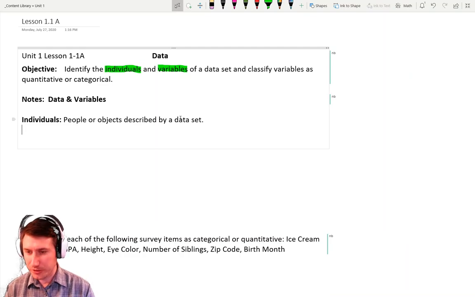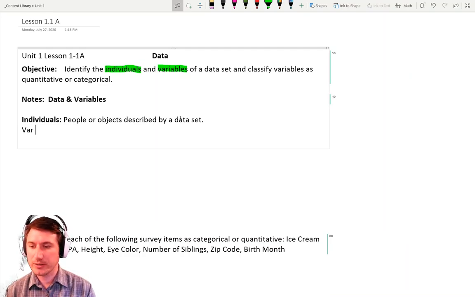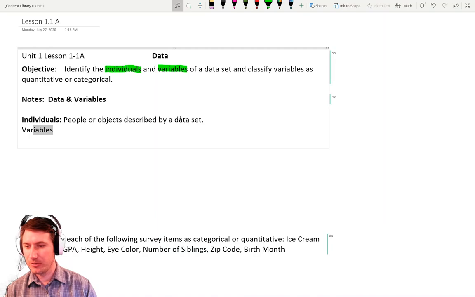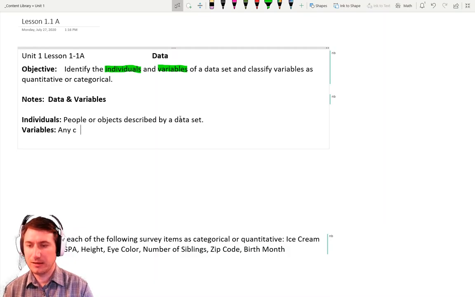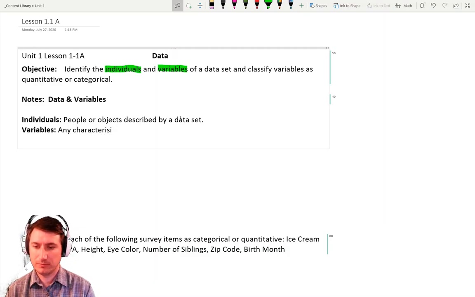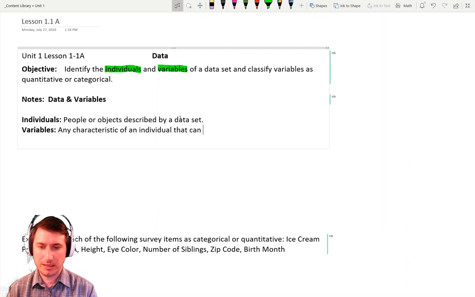So, you know who you're going to ask the question of. What are you asking them? Those are your variables. That is any characteristic of an individual that can be given a value or category.